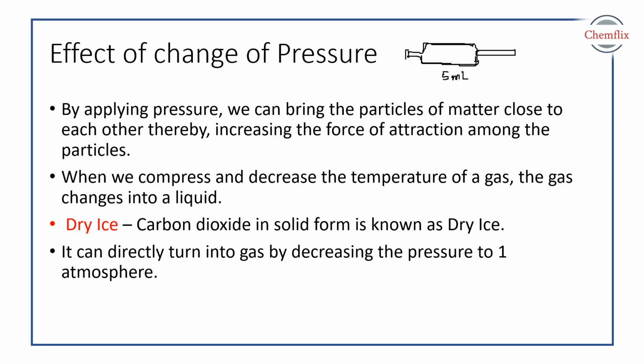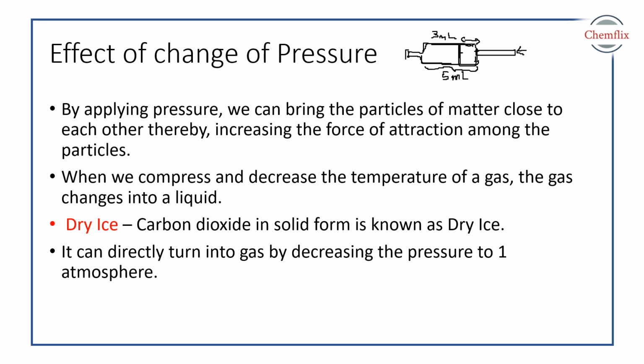Now I am going to apply pressure on this piston. The volume reduced to this much. This is the full volume, that is 5 ml. Now I am applying pressure on this piston, and the piston moved to here. Now 5 minus 2, that is 3 ml.